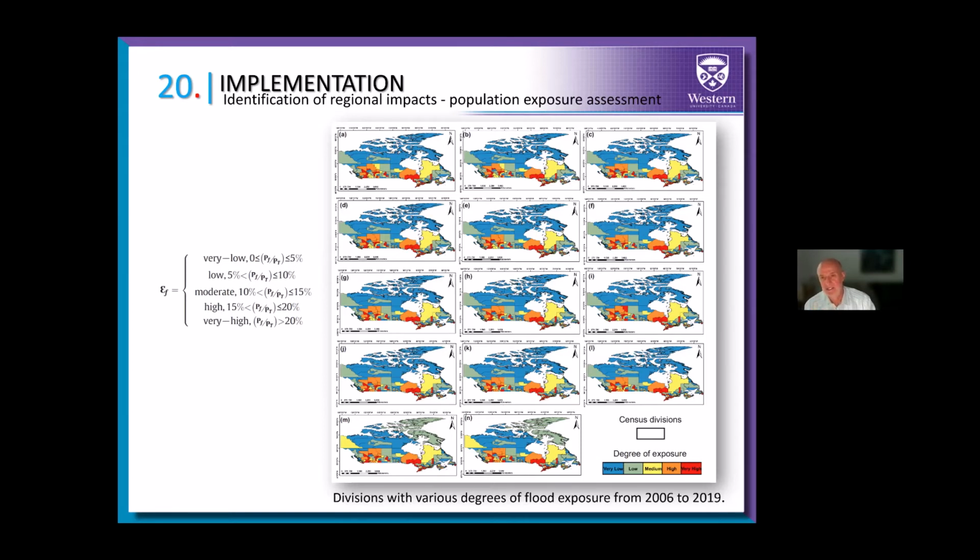If you summarize this information, we found that up to 4 million people across the country live within the existing floodplains. Under future climate scenarios, this number obviously can increase.